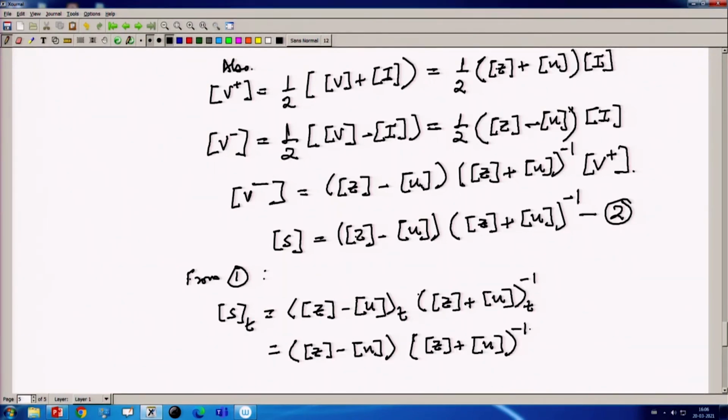So, now if I compare this with equation number 2, we see that they are equal.